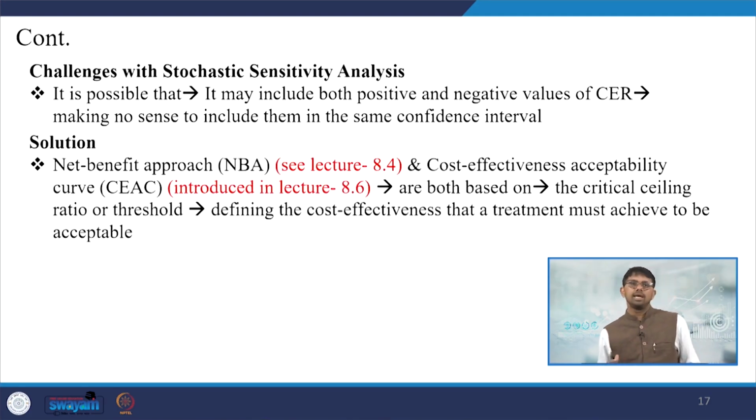To solve this, there is the NBA, that is the net benefit approach, which we discussed in lecture number 8.4, and also another approach, the cost effectiveness acceptability curve, that is CEAC, introduced in lecture number 8.6. Both are based on a critical ceiling ratio or threshold, defining the cost effectiveness that a treatment must achieve to be acceptable.